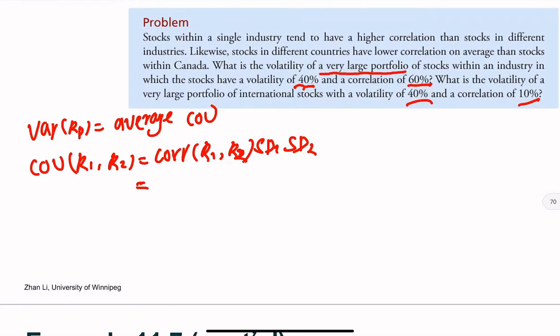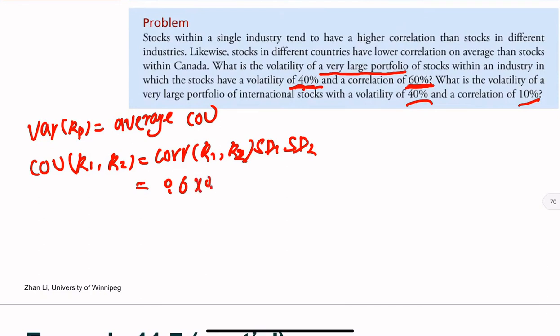And now you can see that these stocks have a volatility of 40% and a correlation of 60%. So you would plug in this 60% here. And how do you get this volatility? You have only one number, right? Well, it says stocks have a volatility of 40%. So basically, we are assuming that all stocks have the same volatility.